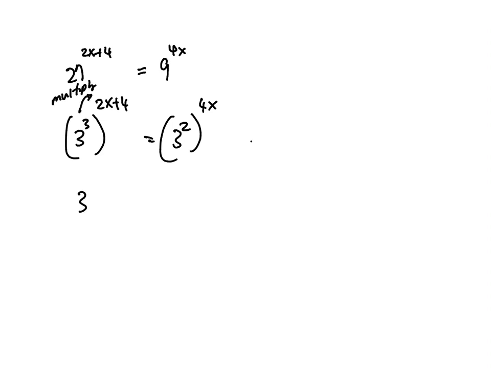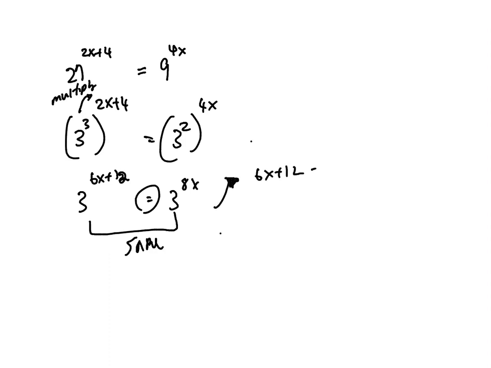You get 3 to the 6x plus 12 equals 3 to the 8x. Again, the bases are the same and this is equal, so we know that 6x plus 12 has to equal 8x. So 12 equals 2x and x equals 6. So x equals 6.